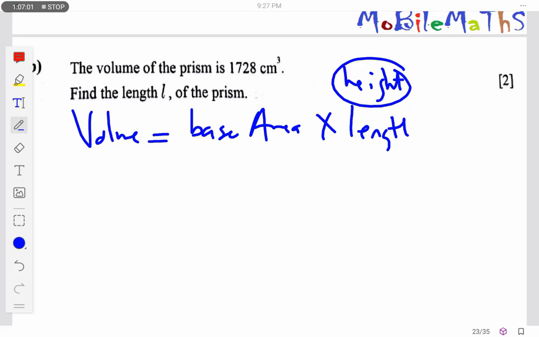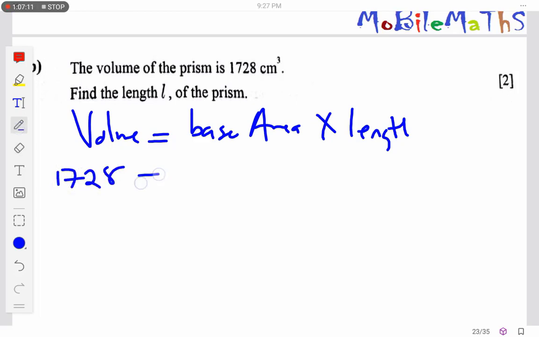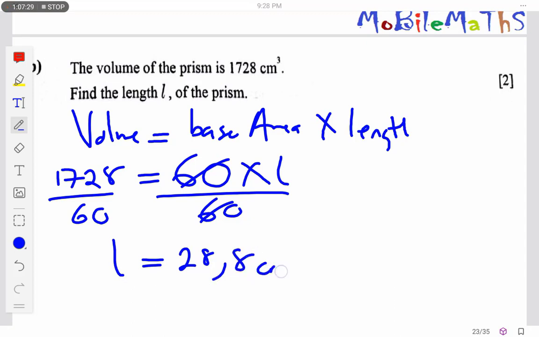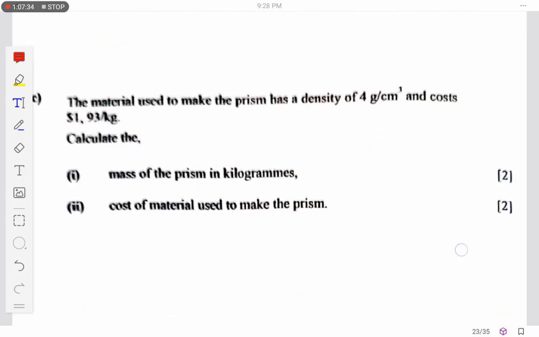Okay, so anyway, in this case we are given a length, so we'll use a length. Our volume 1728 is equal to the base area that we have just calculated, 60, times our L. So we just have here 60L. To get my L, I'll divide both sides by 60. By 60, these will cancel off each other. Our L is going to be 28.8 centimeters. Okay, like that. So that is our length.